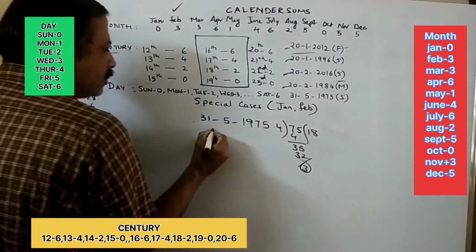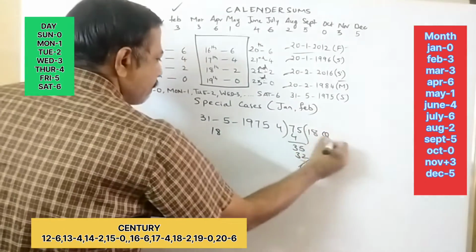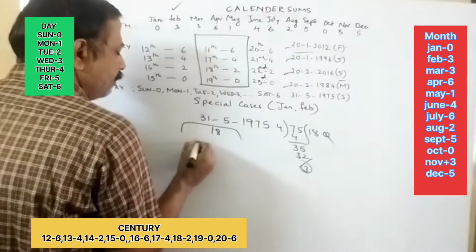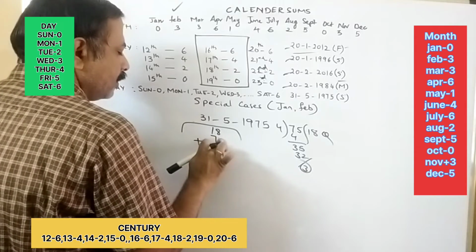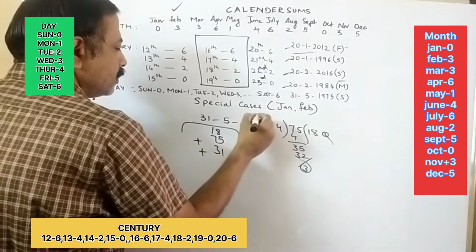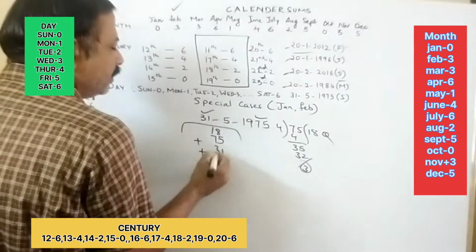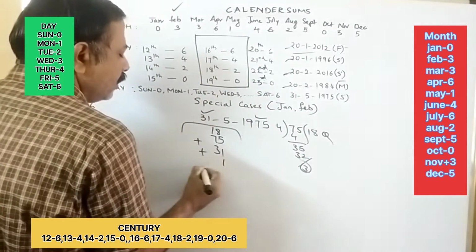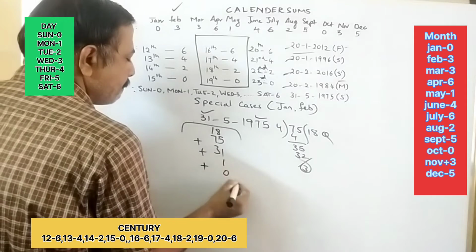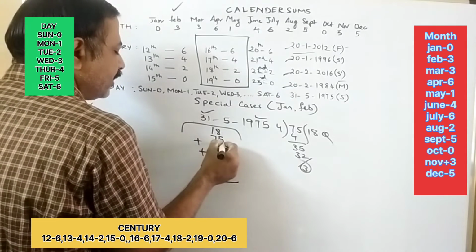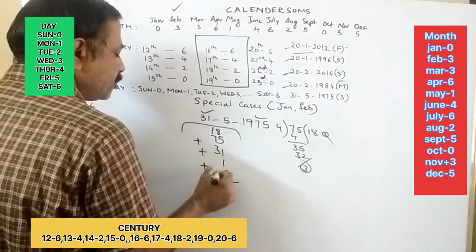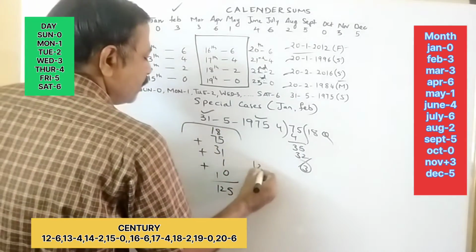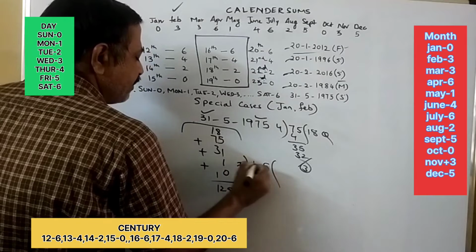Okay. So 18 is the quotient, plus 75 plus 31. This is May month. It is 1, plus 0. 8, 9, 10, 11, 12, 13, 14, 15. 3, 10, 11, 12. So 125 divided by 7.